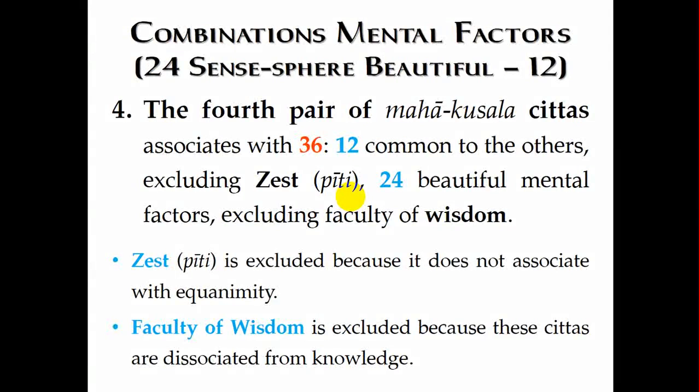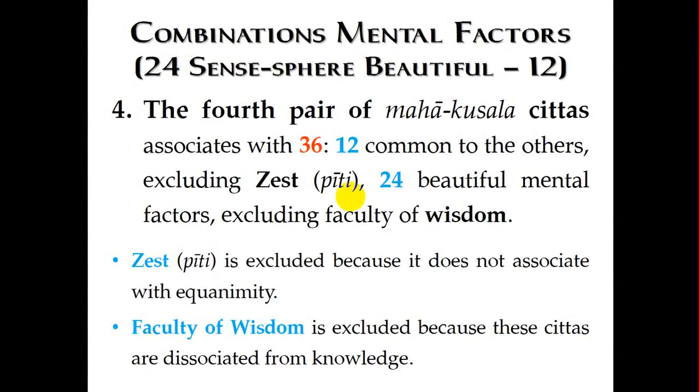The first pair, 38. We have 52 mental factors, and then we have to exclude 14 and the rest is 38. For the second pair, you have to exclude the faculty of wisdom, because the second pair of cheta is dissociated from knowledge.